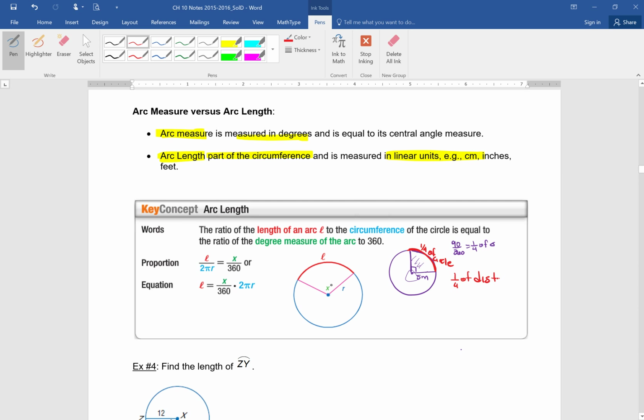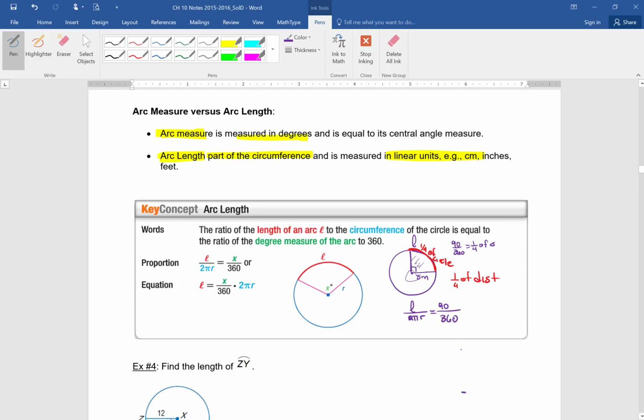We can write that as a proportion, right? How does the proportion for that look? Well, let's call this distance L. The ratio of the distance L over the entire circumference, that's 1/4 of it, is the same ratio as this 90-degree angle over the full 360.